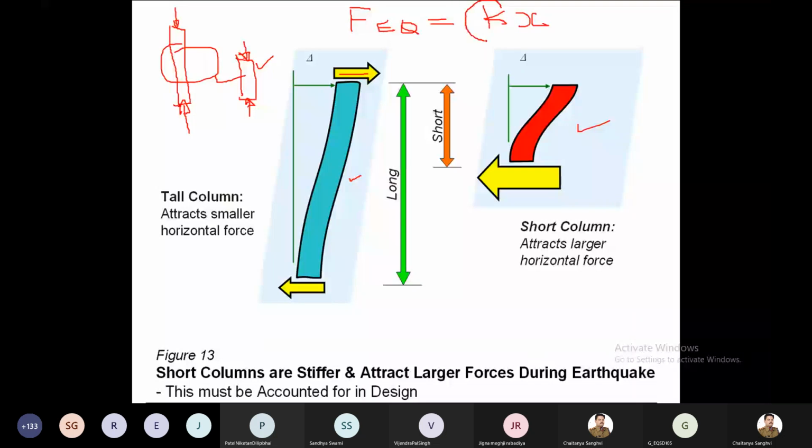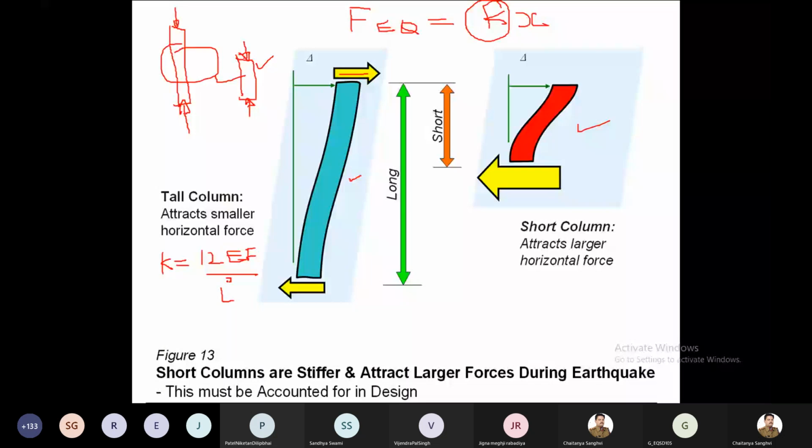It depends on the stiffness. Now, suppose both ends are fixed and the mass is not allowed to rotate, then the stiffness will be 12EI upon L cube.